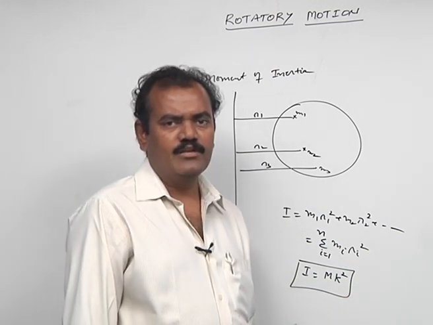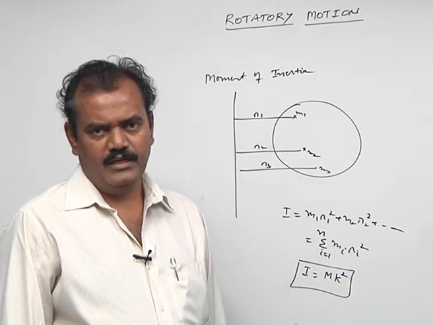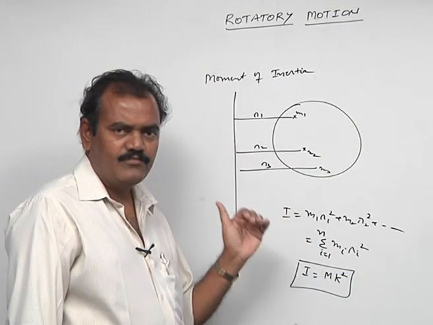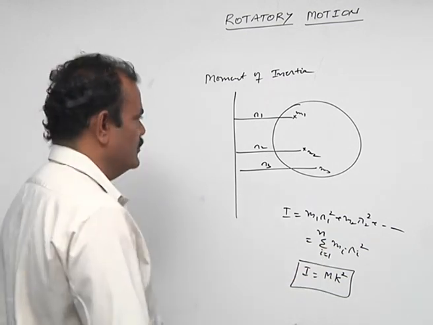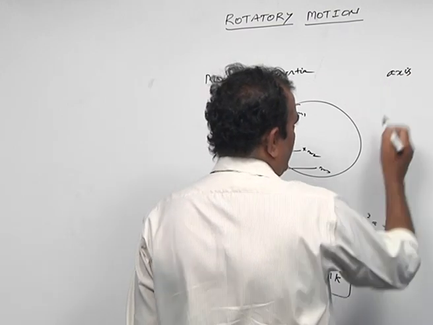About the diametrical axis, it becomes mr square by 4. Like that, for the same body, depending on the axis of rotation, the moment of inertia is continuously changing. So it depends on the axis of rotation.